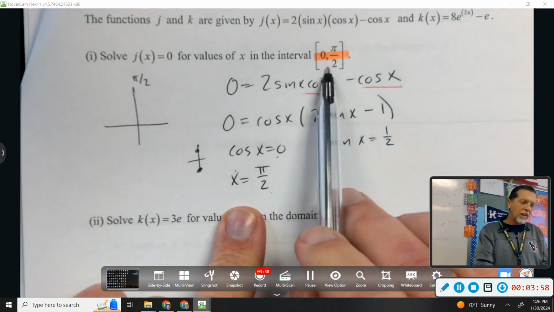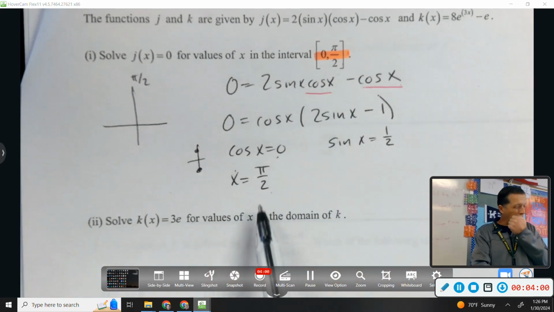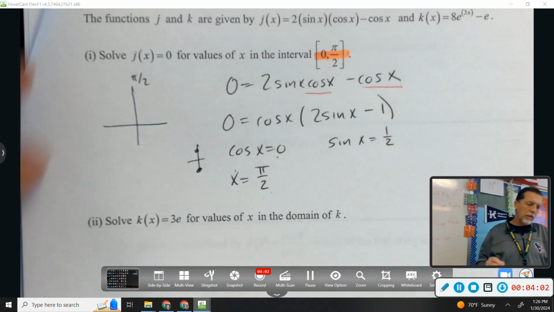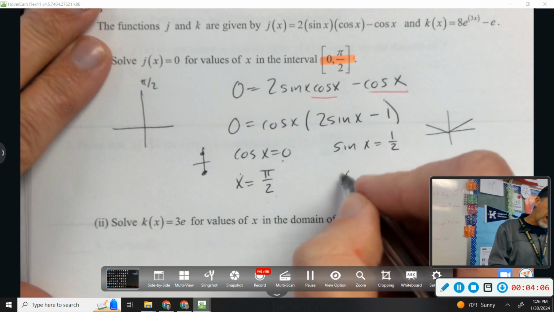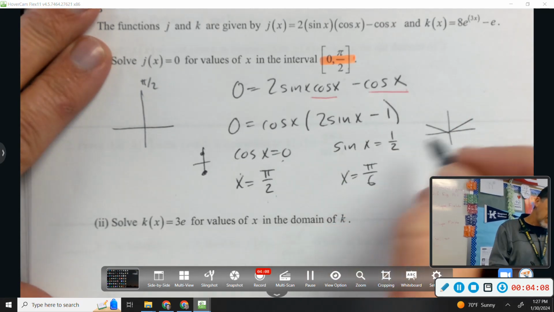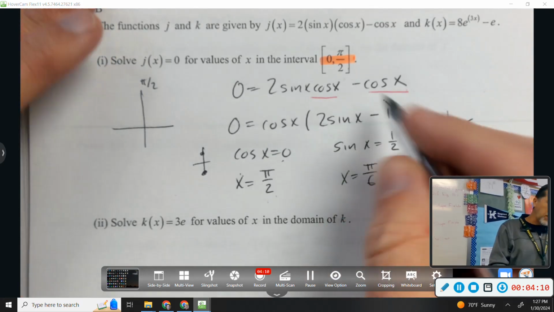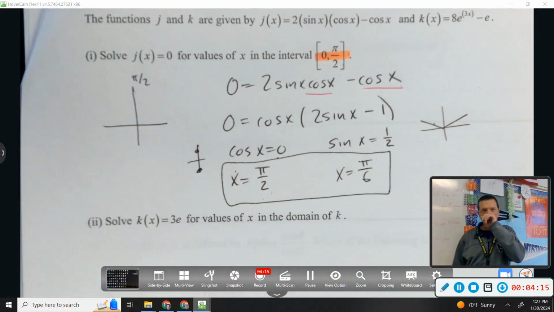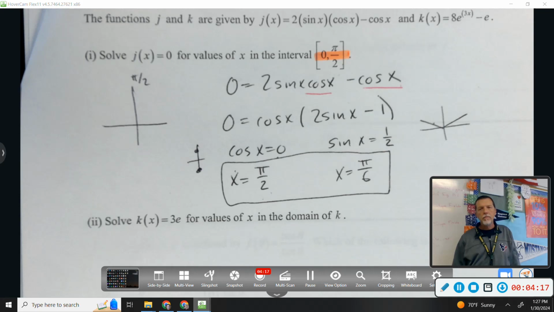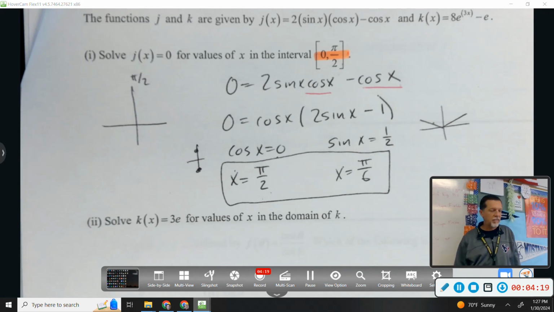If that had been a parenthesis, then we wouldn't be able to include pi over 2. Sine of x equals 1/2 at pi over 6 and 5 pi over 6, but I'm not allowed to use 5 pi over 6. So just those two answers. Be careful, pay attention to the intervals.